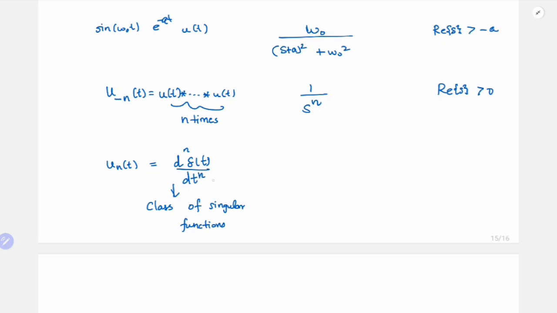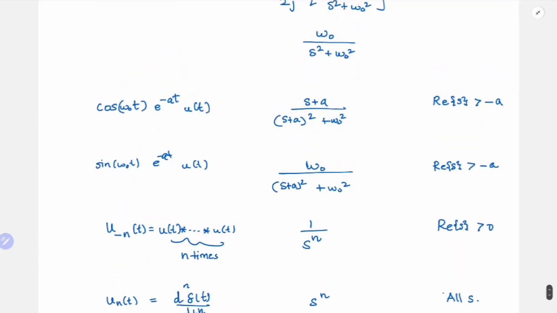If you take the derivative of that, it again grows very rapidly. But this is also just a mathematical construct. So since it is differentiation, it will be multiplied by s power n times into 1. So this is going to be s power n. And your region of convergence is all s.